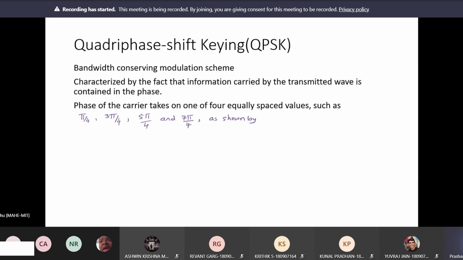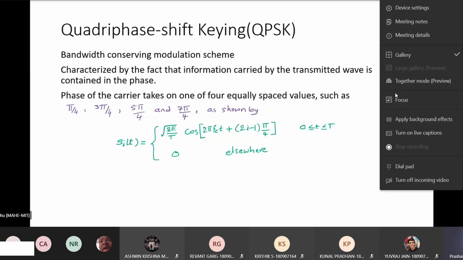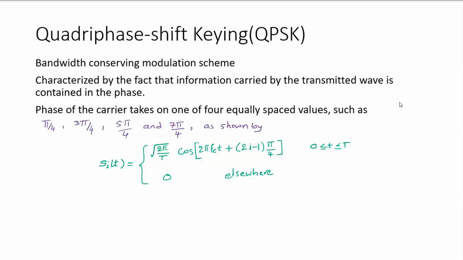It can be 00, 01, 10, 11. So we can place them in the phases pi by 4, 3 pi by 4, 5 pi by 4, and 7 pi by 4. And we can express the modulated wave si of t as square root of 2E by T cos of 2 pi fct plus (2i minus 1) pi by 4.